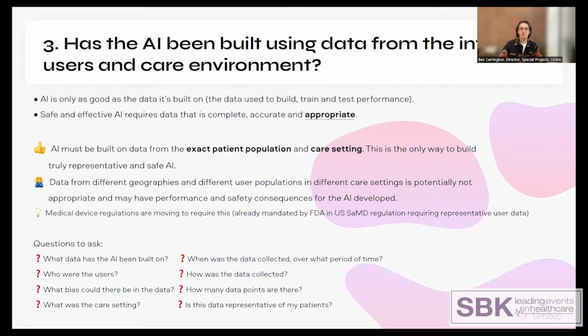And so data that is used to build and train AI needs to be representative. What I mean by representative is the data collected from the user population that the product's going to be used in, in this case, patients. So is the data used to develop the AI from relevant patients? Are they the right type of patient? But you can also look at things like care setting.